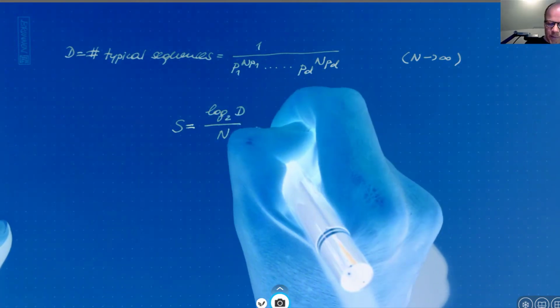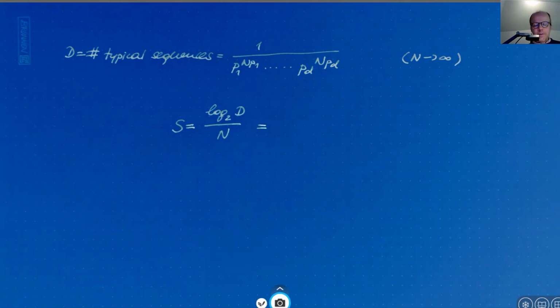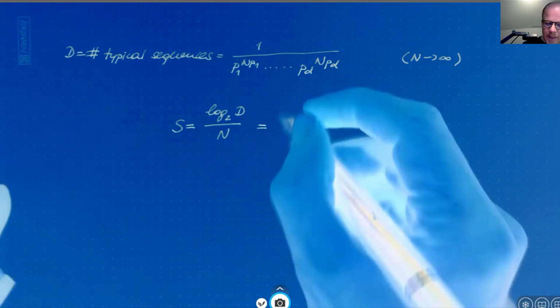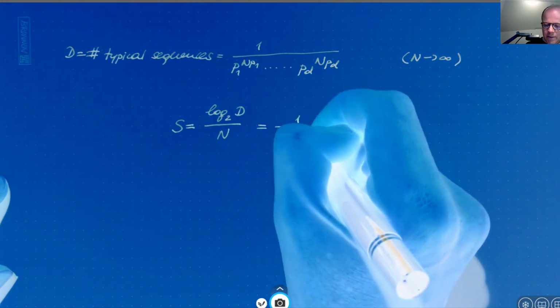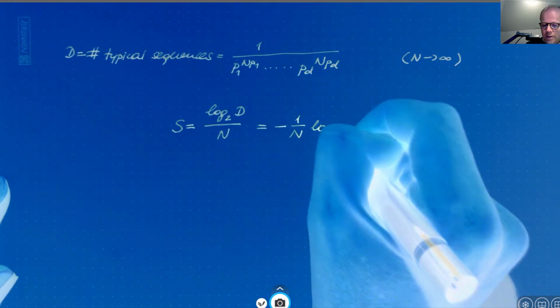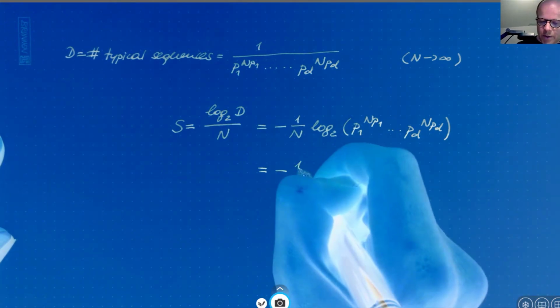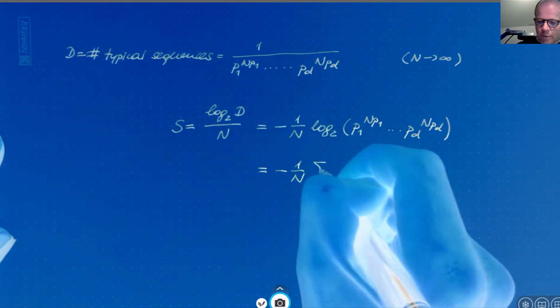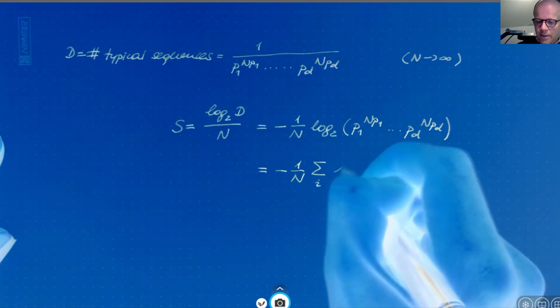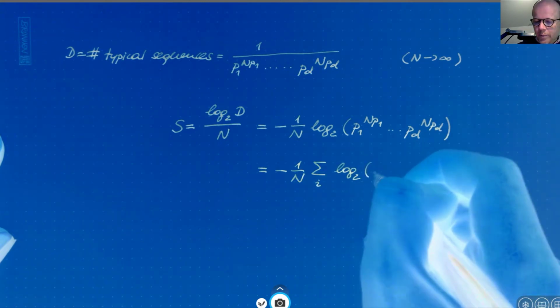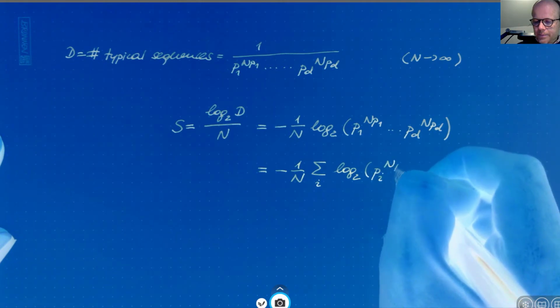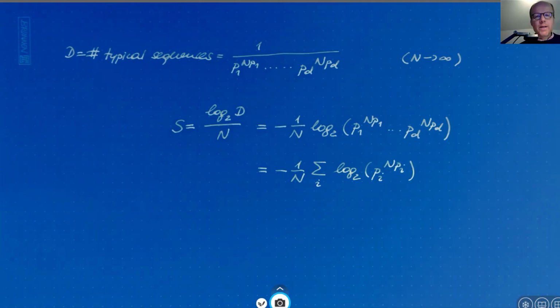And now we can see what this gives. If we insert the formula for capital D, this gives minus 1 over n, and then we have the binary log of this product. Now the log of a product is the sum of the logs. So this is minus 1 over n, sum over all i, binary log of p_i to the power n p_i.